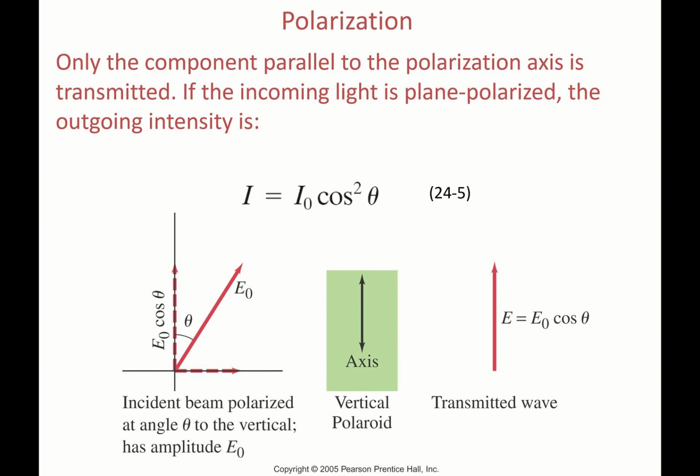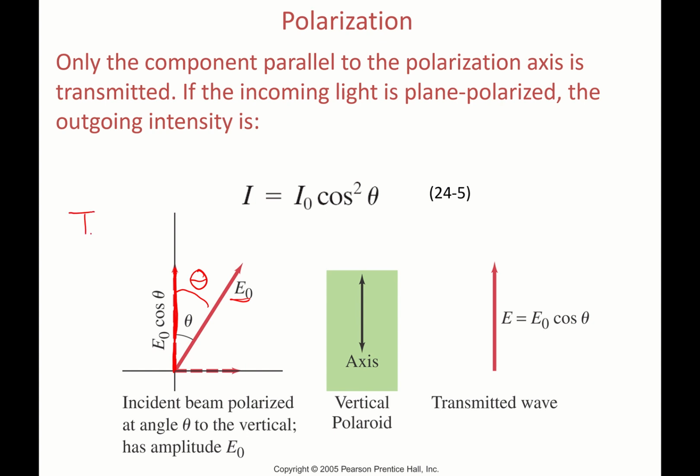The electric field points in the direction shown in the picture at the left, at an angle theta to the polarization axis. So the component of the electric field that gets through is E0 times the cosine, because it's adjacent. E0 cos theta gets through, and E0 sin theta does not get through.